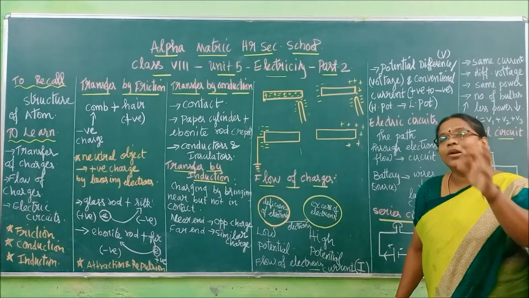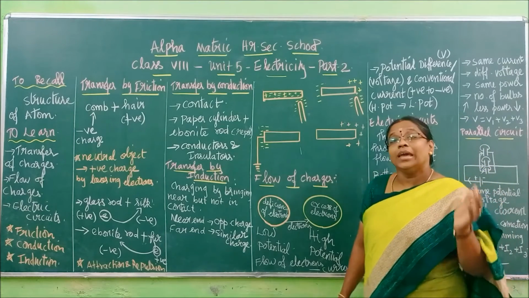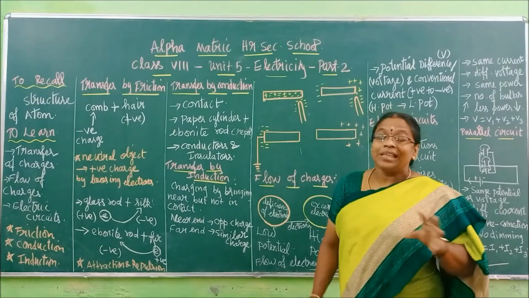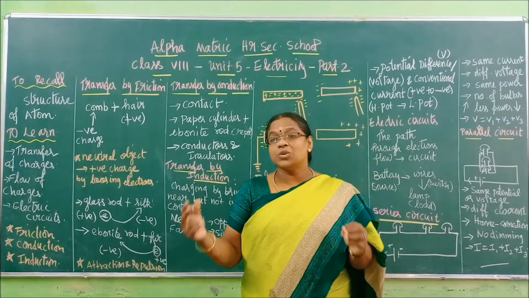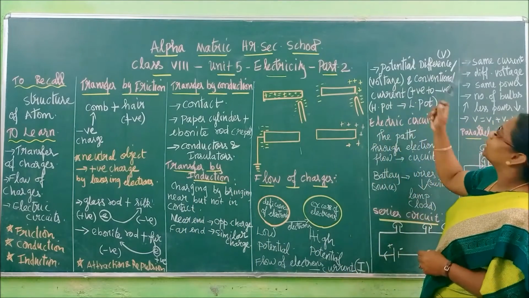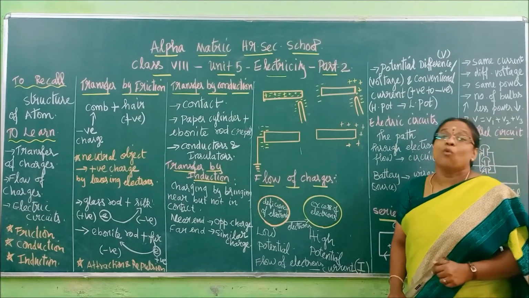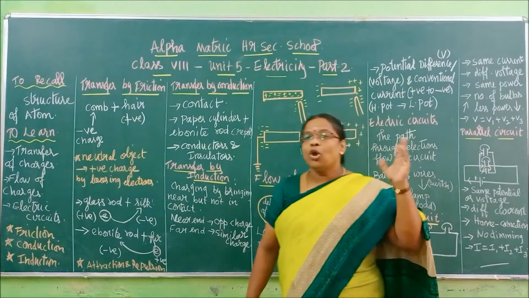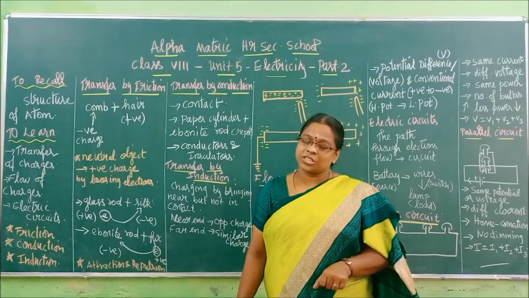One should be at lower potential and one at higher potential. Only then can electrons move. This difference in potential from one body to another is called potential difference. It is otherwise called voltage. At home we say low voltage, high voltage, like that. That is called potential difference.